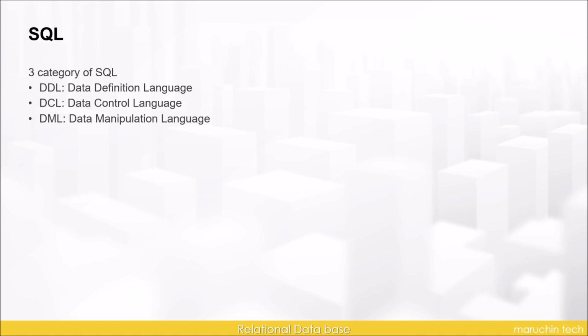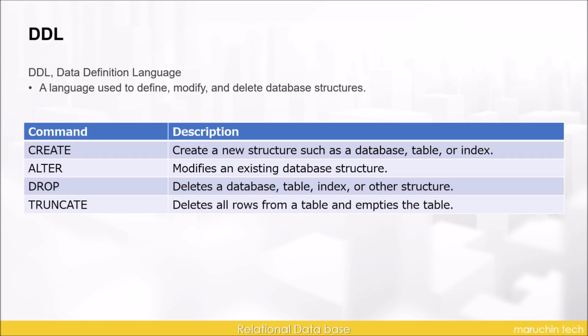There are three types of SQL as described here. Starting in the next chapter, I will introduce the characteristics of each. DDL, or Data Definition Language, is the language used to define, modify, and delete database structure. The specific commands include create, alter, drop, and truncate.